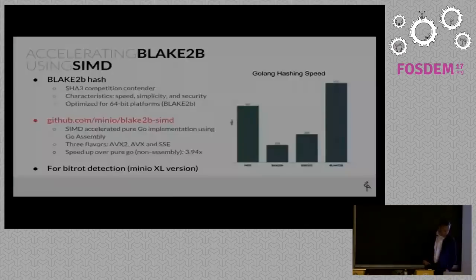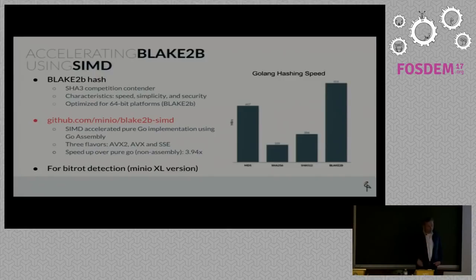Okay, so the first technique that we accelerated is a hashing technique called BLAKE2b. There was a SHA-3 competition a few years ago, and BLAKE2b was one of the 5, I think, final contenders.